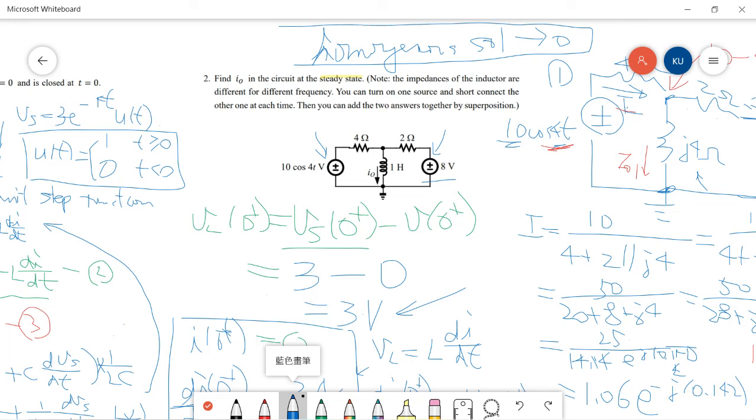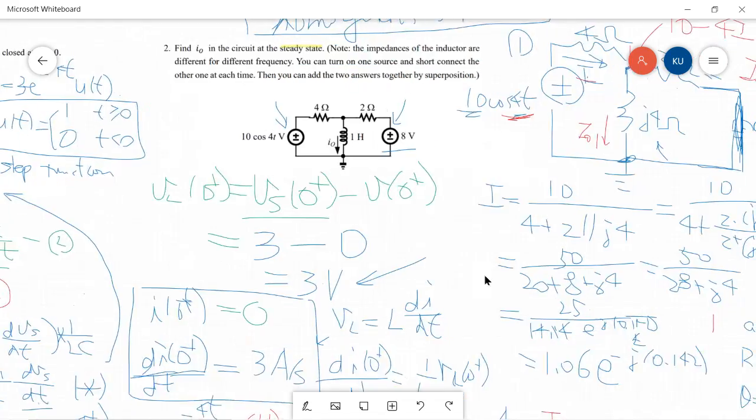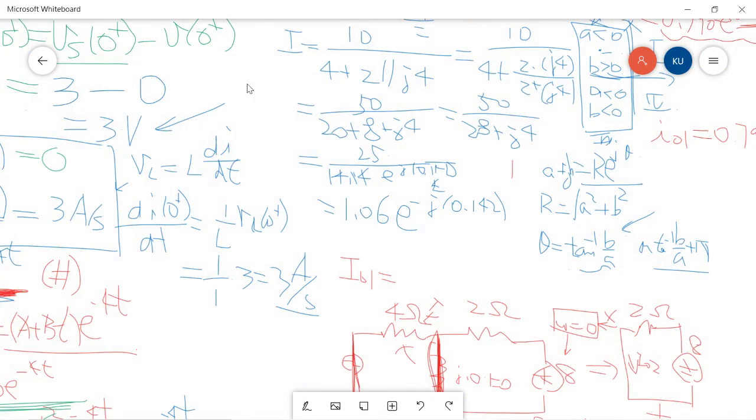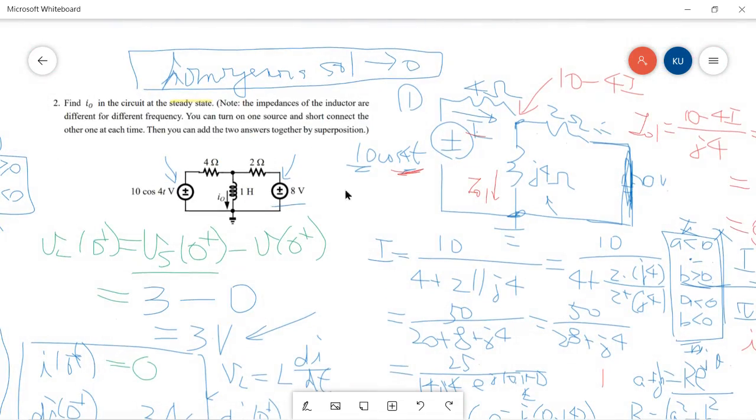For any stable system, the homogeneous solution will tend to 0 for a sufficiently long time. So sometimes we can just ignore it, and we only care about the steady state response.